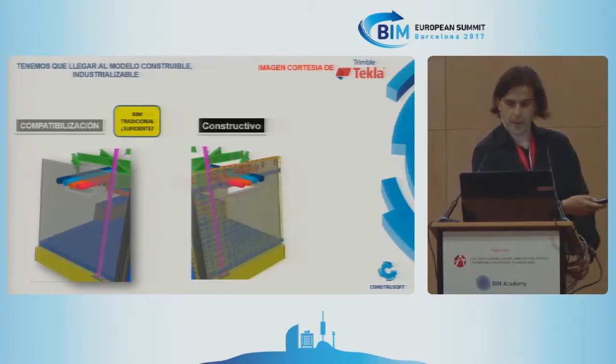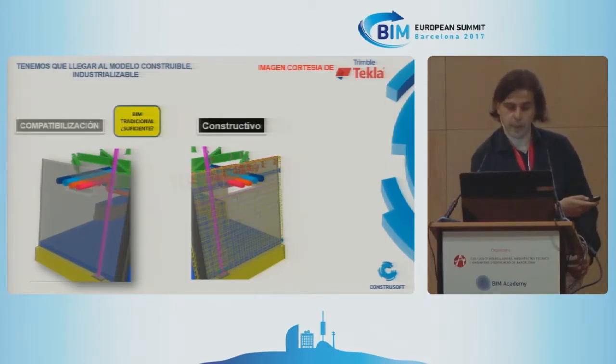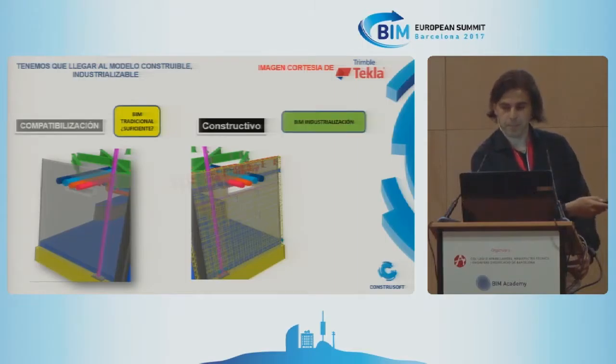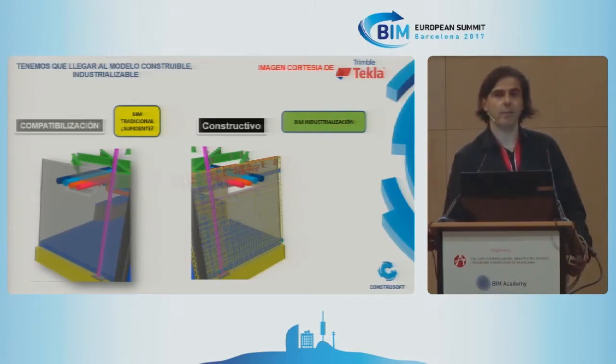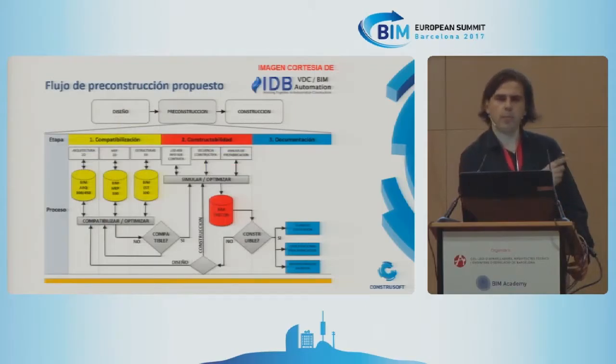The platforms that are doing that are great, but we need to move further. We need to go beyond that. We need to have more detail. Maybe we can reach up to level 400, 450, so that we have all the information and it goes from the model to the machine. Then we will change our productivity when compared to paper. So I would like to have the eye of BIM not only on information, but also on industrialization.